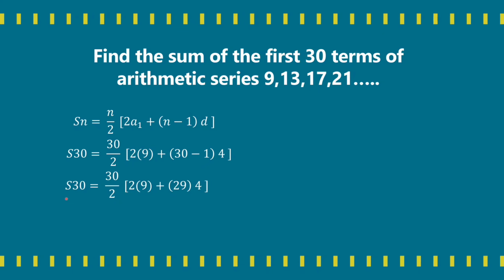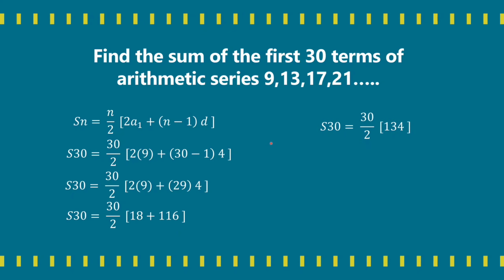Our equation becomes S sub 30 is equal to 30 over 2, open bracket, 2 times 9 plus 29 times 4. In multiplying both, it becomes S sub 30 is equal to 30 over 2, open bracket, 18 plus 116. 18 because 2 times 9 is 18, and 29 times 4 is 116.